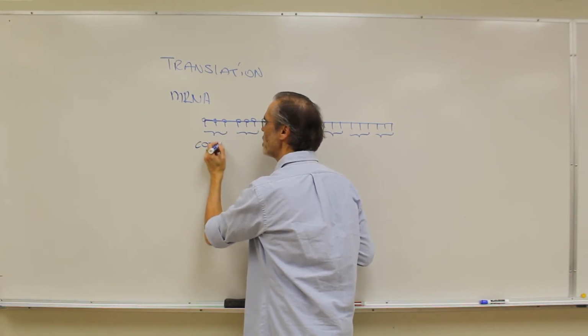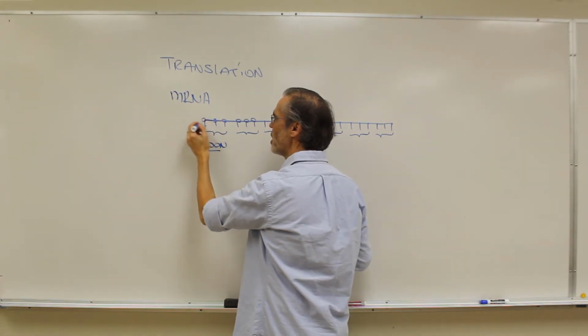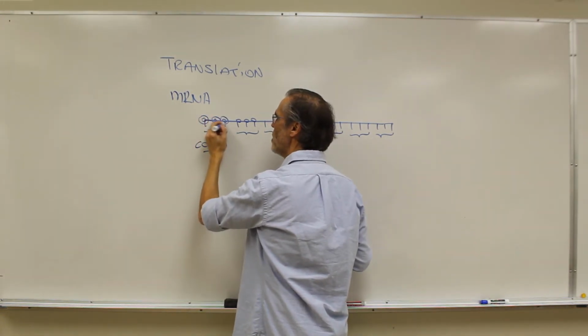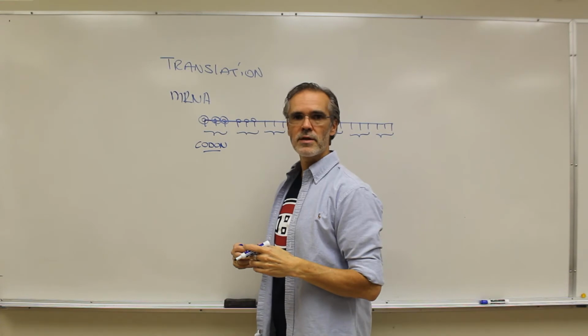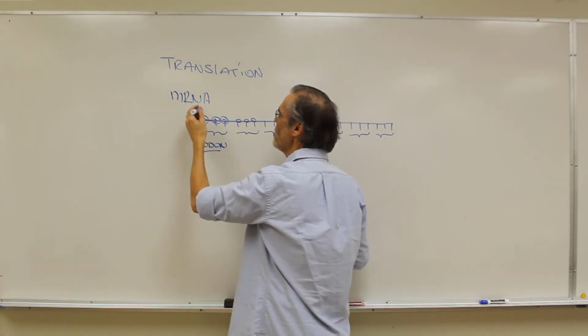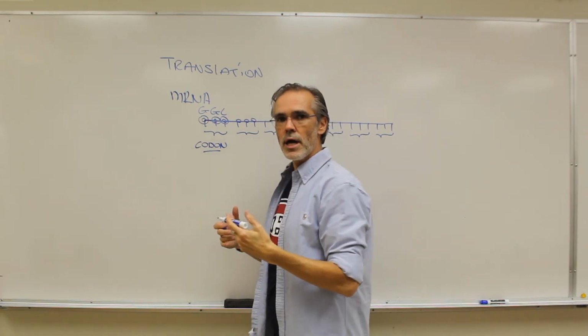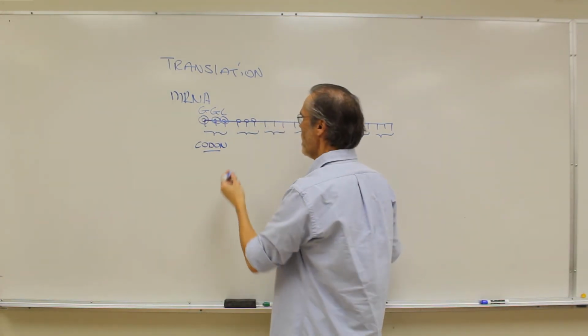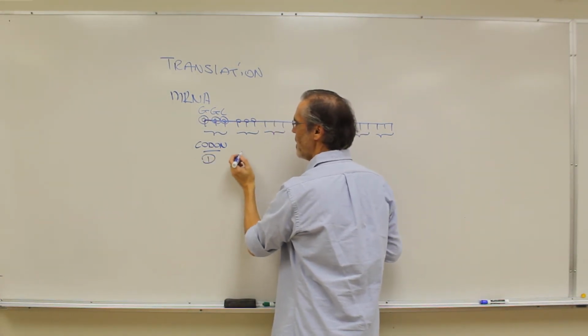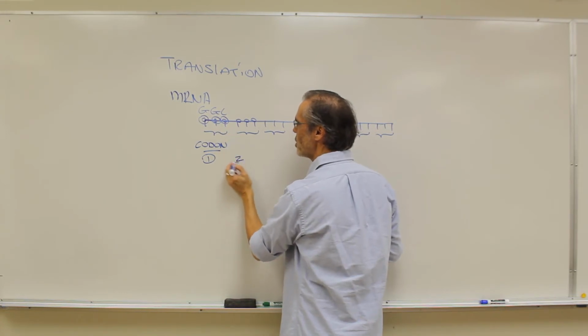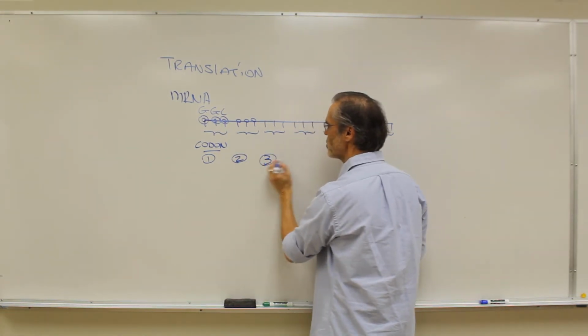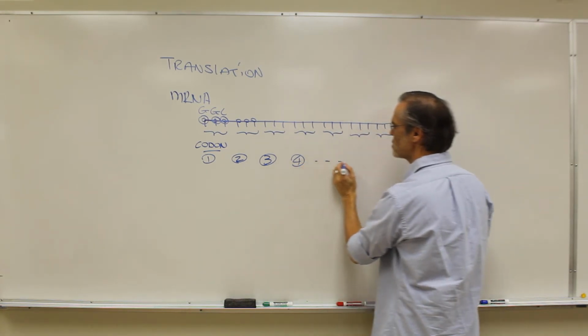So we have a codon right here, and that codon has a certain base organization, right? So let's just make one up. Let's say it has GC, right? Okay, so that's just a sequence. And that's codon number 1. And then next to it, there's codon number 2, there's codon number 3, 4, etc., etc.